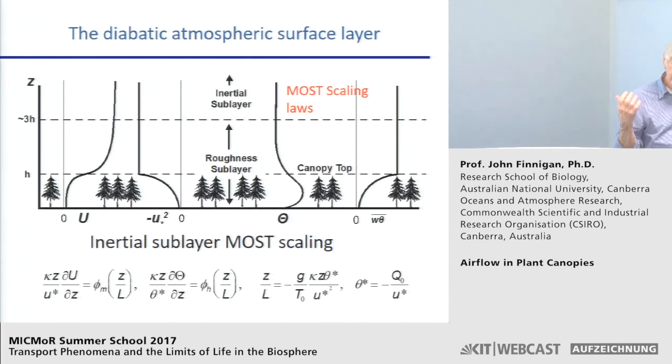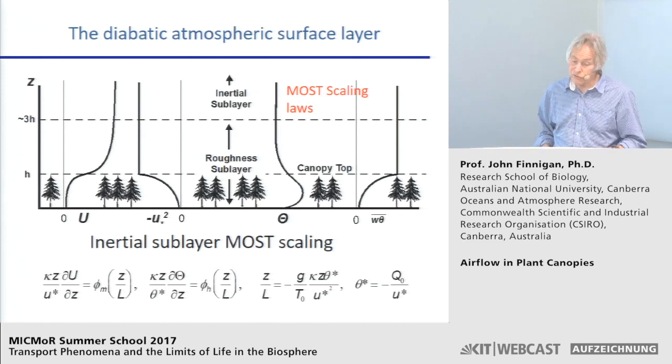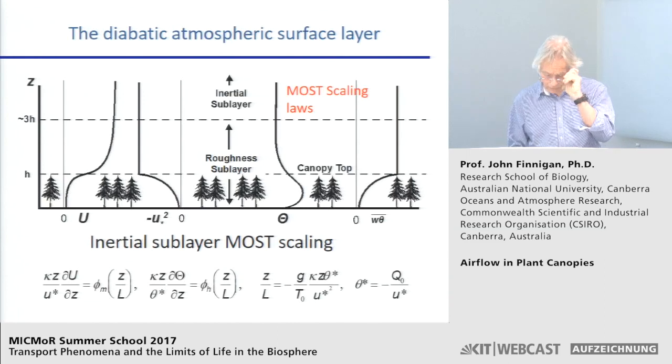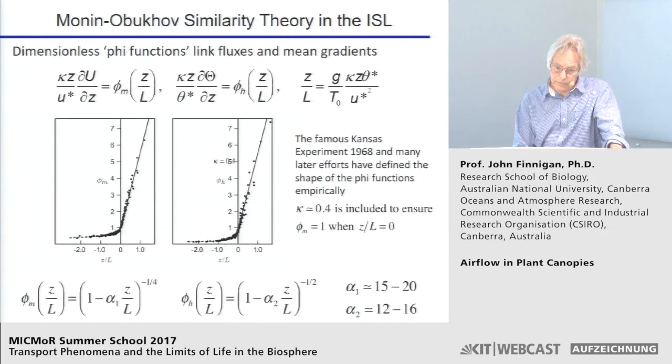It's actually the ratio of the rate of production of turbulent kinetic energy by buoyancy to that by shear. And theta star is also conventionally created from the buoyancy flux just by dividing it by u star. And we add a minus sign because of the direction that the buoyancy flux goes.